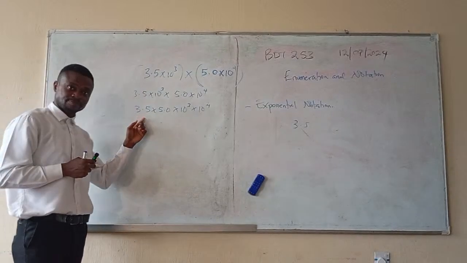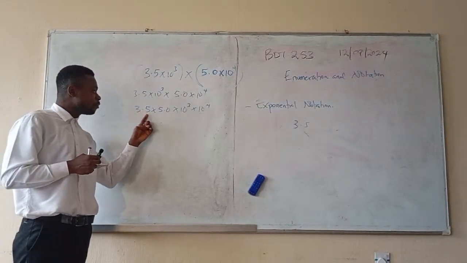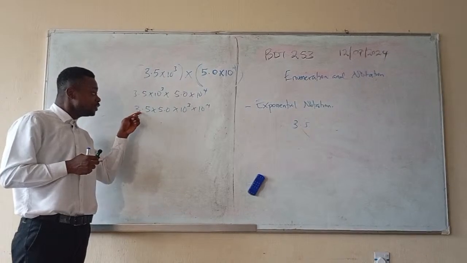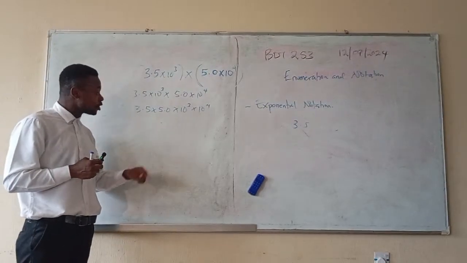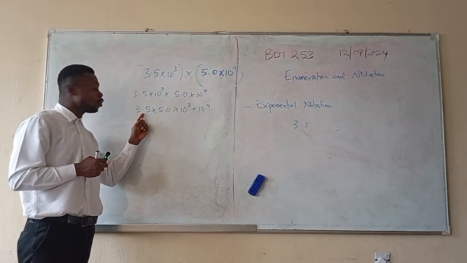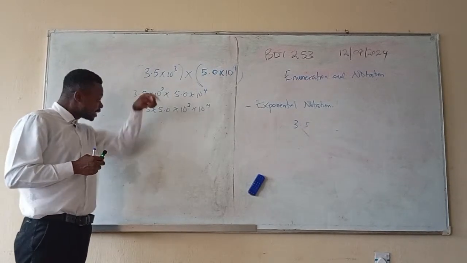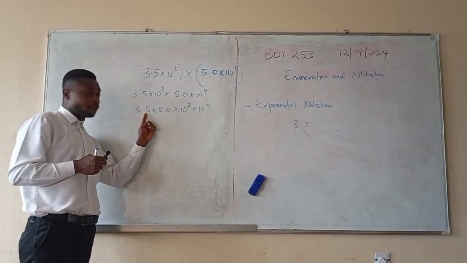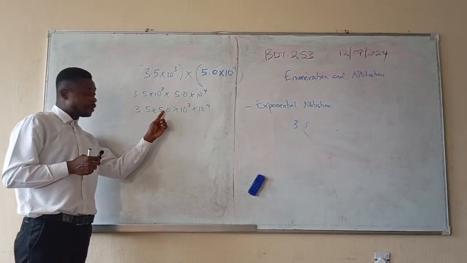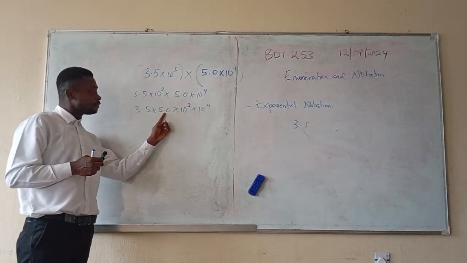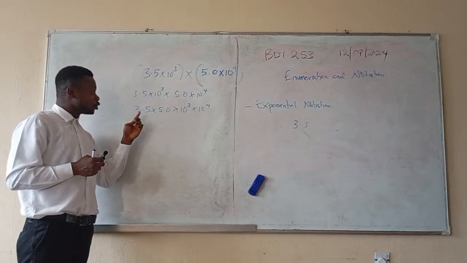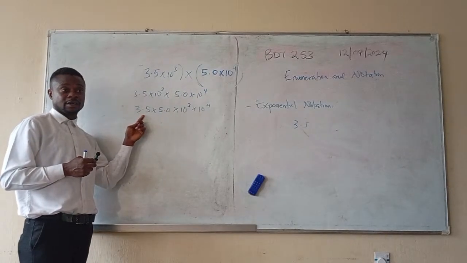Even here, if this decimal point will cause issues, you move it to numeric form. Create another power of 10 from 3.5. You can create a power of 10 from 5.0 too, even though 5.0 is 5.